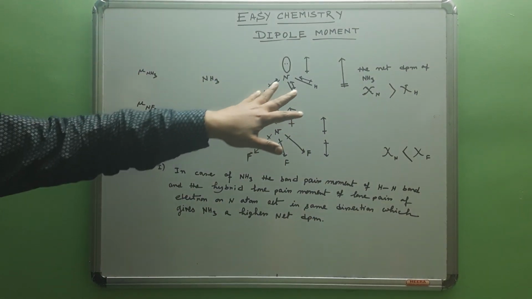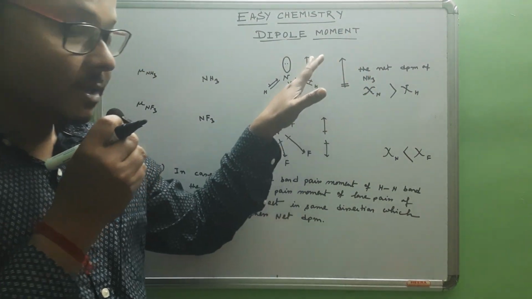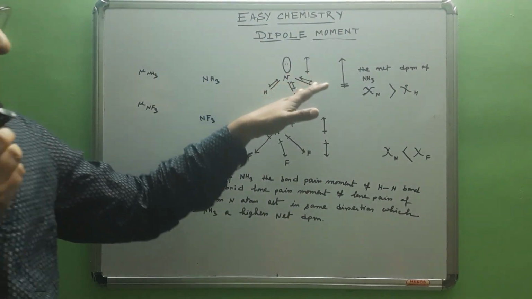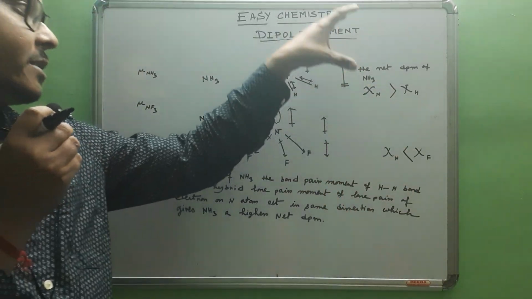That means the three bond pair moments and the lone pair moment act in the same direction, not opposite. Therefore the net dipole moment of NH3 increases.